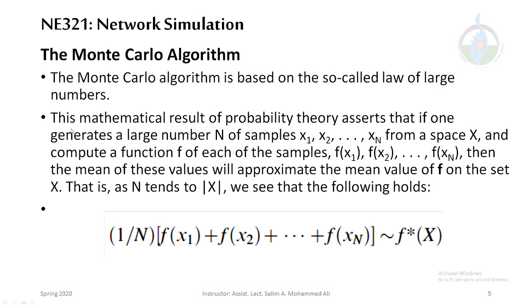This mathematical result of probability theory asserts that if one generates a large number n of samples, x1, x2 to xn, from a space X, and computes a function of each of the samples, f of x1, f of x2 to f of xn, then the mean, the average of these values, will approximate the mean value of f in general on the set X. That is, as n tends to infinity, we see that the following holds.